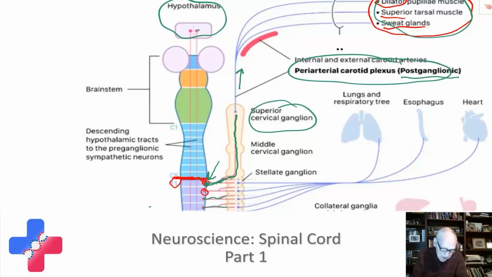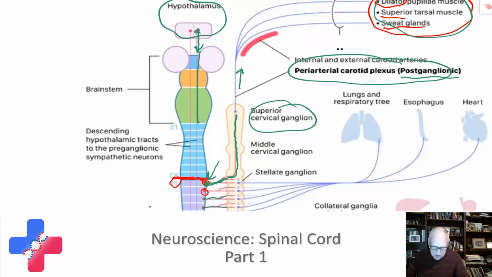But notice out of these nuclei of the hypothalamus, we form a descending fiber tract, heavily myelinated, fairly fast firing, that descends out of the hypothalamus. Notice it descends all the way through the brainstem, so it's going to be important to us later on in the week.